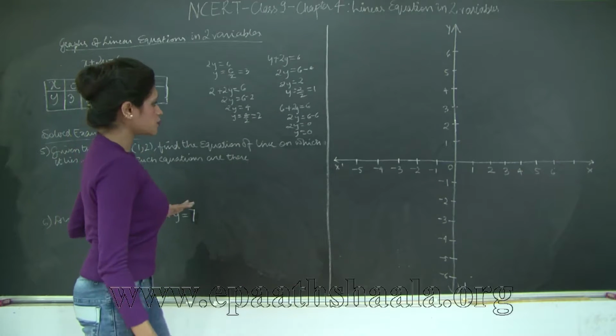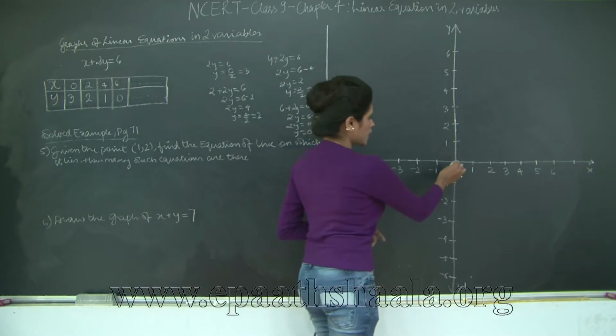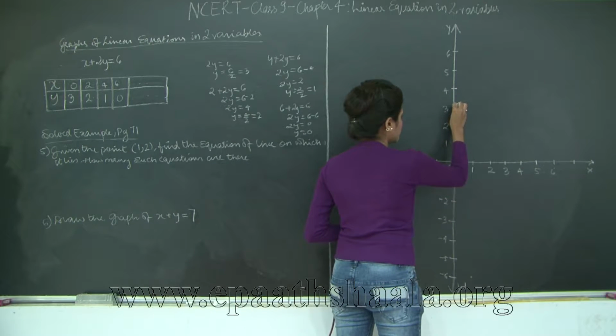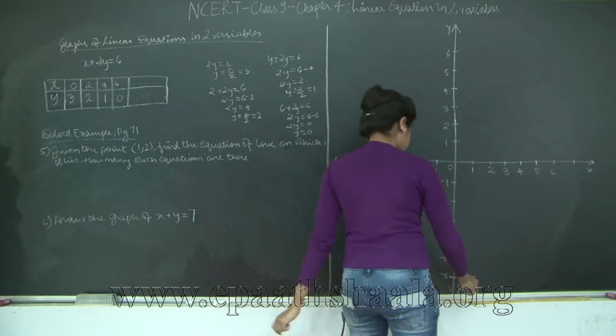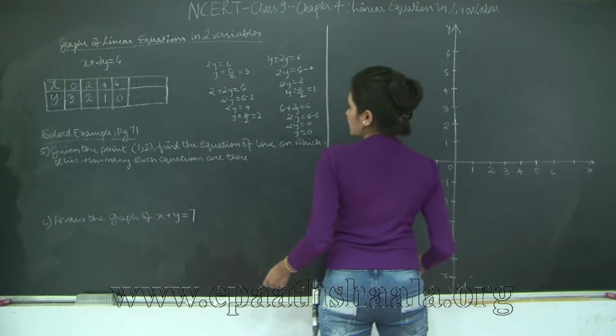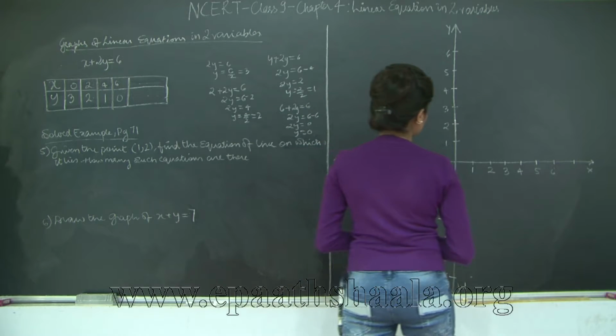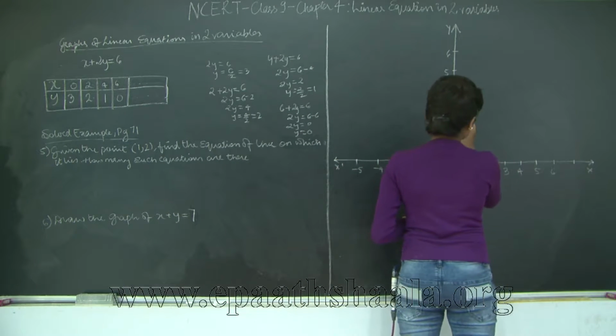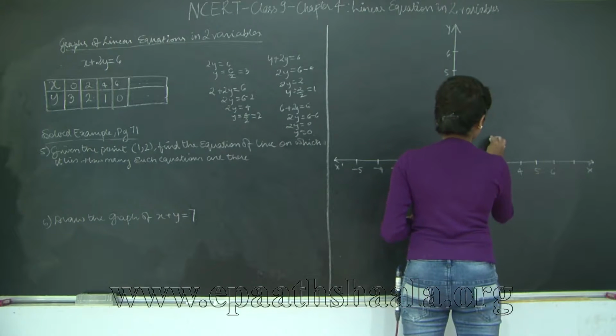So let's check. The first point is 0, 3. So I have 0 here on my x-axis and 3 on my y-axis. So I mark this point. Then the second coordinate is 2, 2. So my 2, 2 is here.